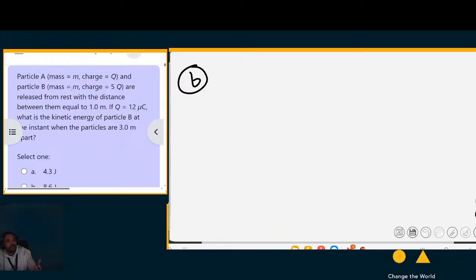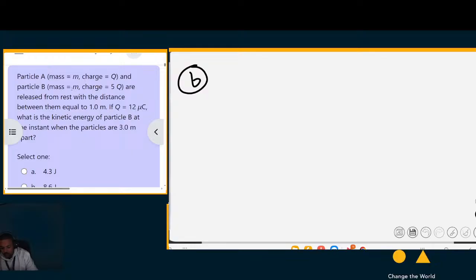Now, since both particles start from rest, the momentum originally is zero, right? And since they don't say anything about external forces, we assume that the momentum must stay zero at all times. That is the law of conservation of momentum.